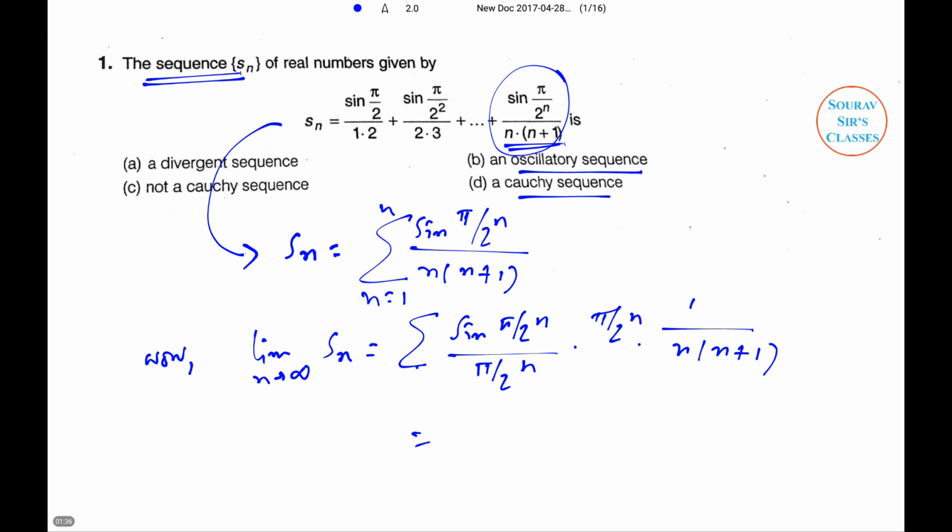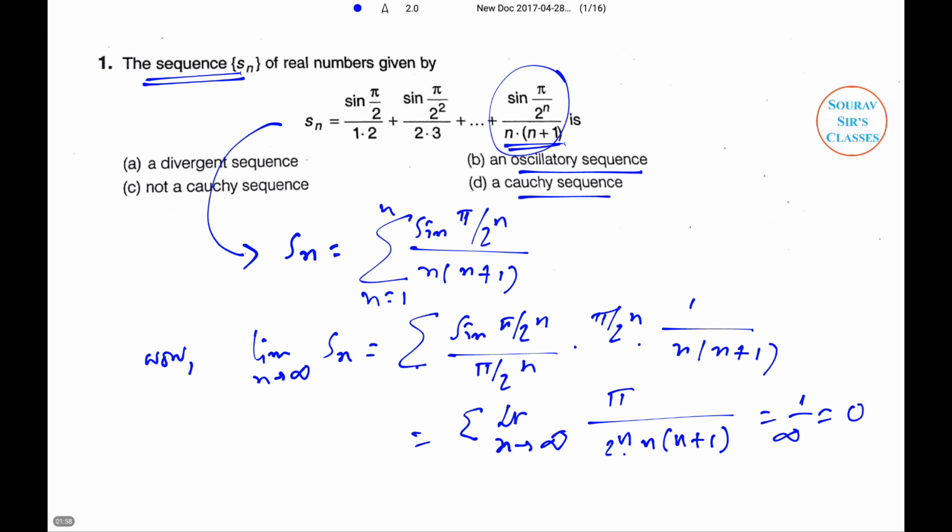So obviously this particular thing can be rewritten as limit of n tends to infinity pi by 2 to the power n into n plus 1. That's it. If we put infinity, this is 1 by infinity, so this one is 0.